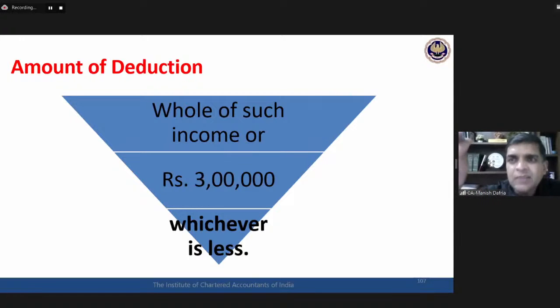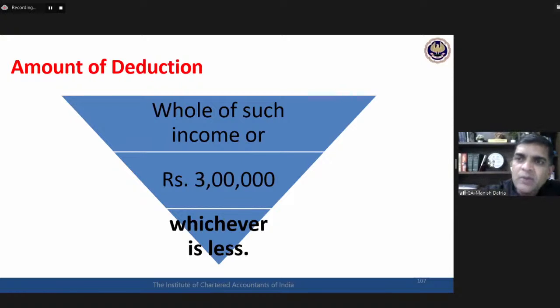For writing that particular book, he has incurred an expenditure of 1.5 lakhs. 4 lakhs is the income, 1.5 lakhs is my expenditure. How much is the taxable income? Obviously 2.5. Now, if 80QQB exemption is there, what calculation will I do? 2.5 lakhs or 3 lakhs, whichever is lower, total 2.5 lakhs would be exempt.